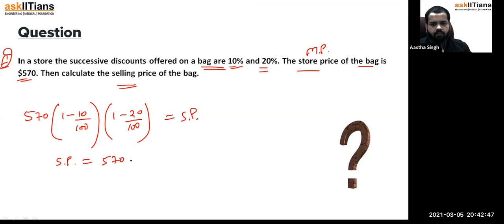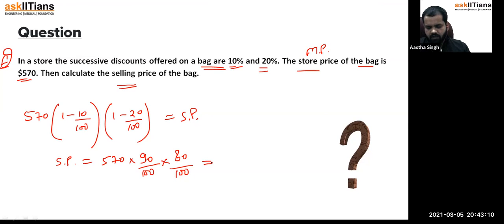So basically your selling price will be 570 multiplied by 90 upon 100, and multiplied by 80 upon 100.